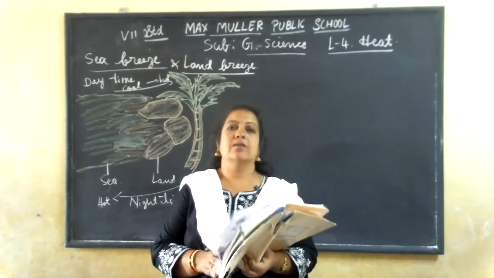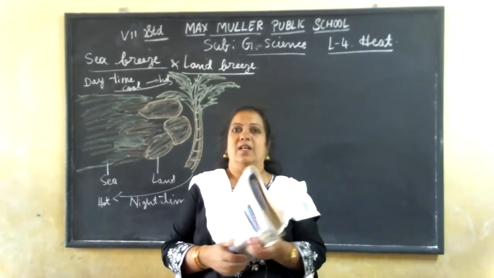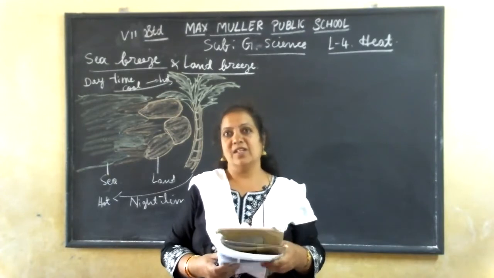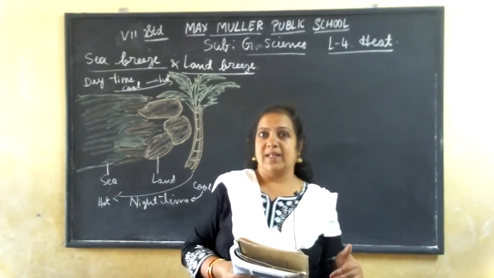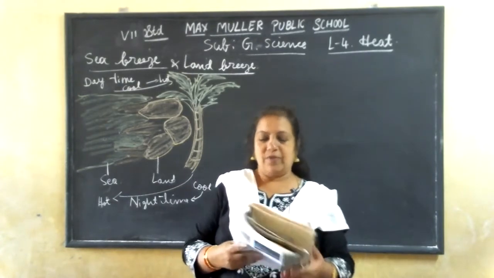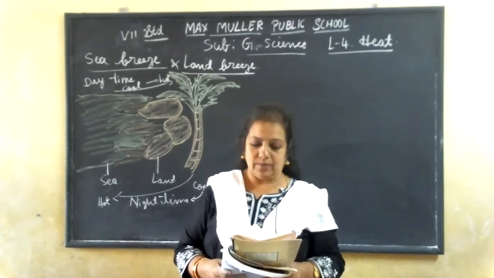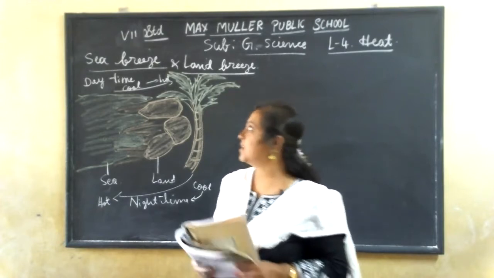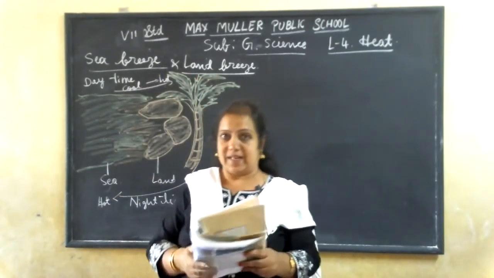Now, for today's class, I am going to explain still more about convection and this heat transfer. The third method is what we call the radiation method. Okay. But before that, I am going to tell you a little bit more about the convection cycle. This is related to the topic of sea breeze and land breeze.